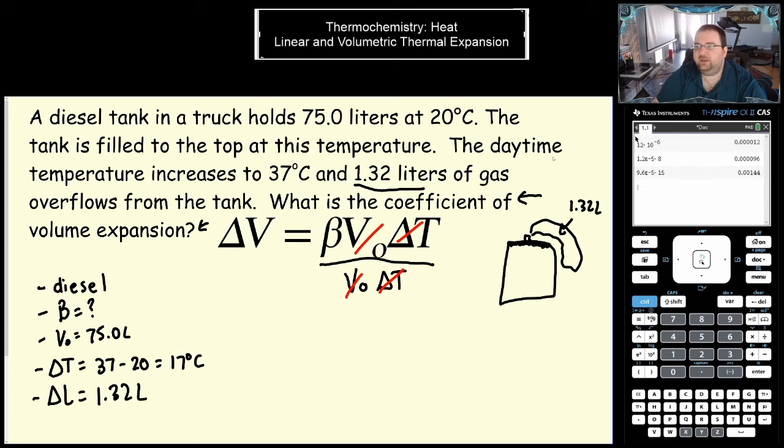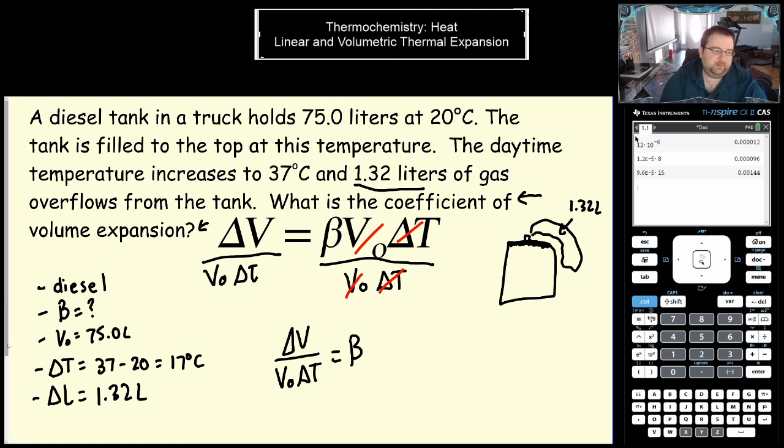But you can't do that just to one side, right? So we're going to have to also divide this side by V naught and delta T. And there we go. Now we have delta V over V naught delta T is equal to beta.